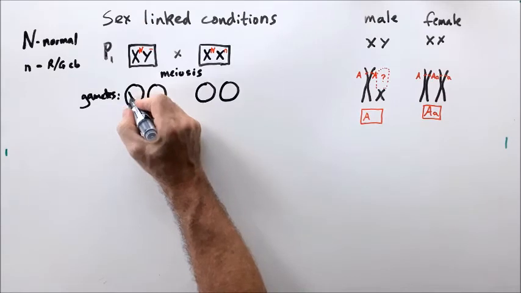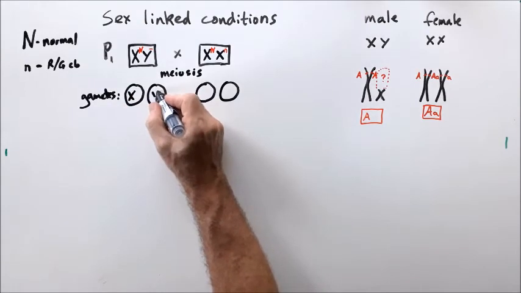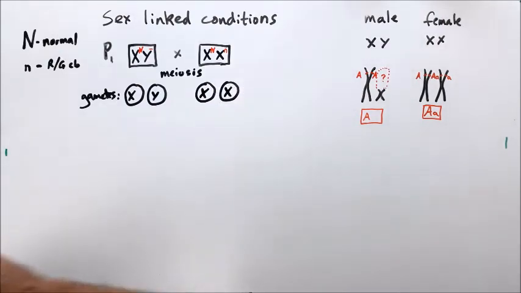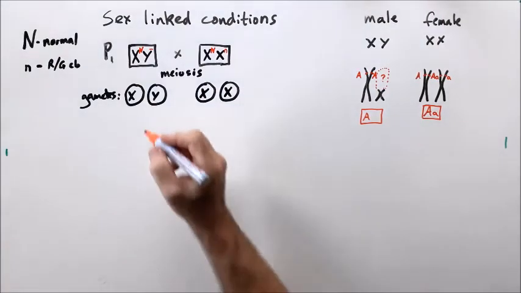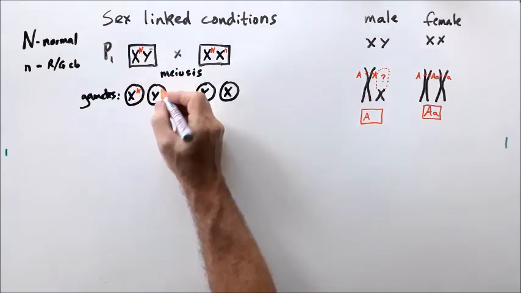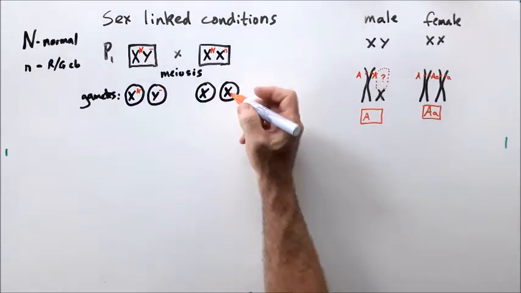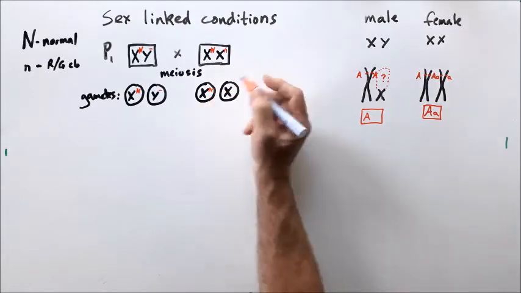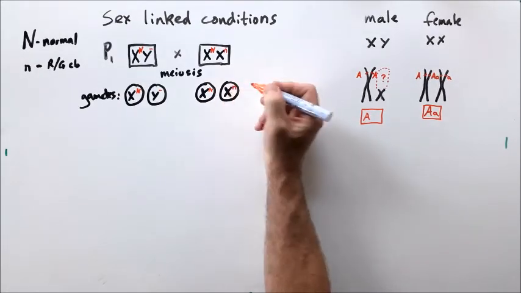Inside here, we write X and Y. X and X. And now let's put those alleles in. On the male, in this particular gamete, there's to be a capital N. On this particular gamete, there is no gene there at all. On the female, she has a capital N superscript, and on this one, she has a lowercase n.